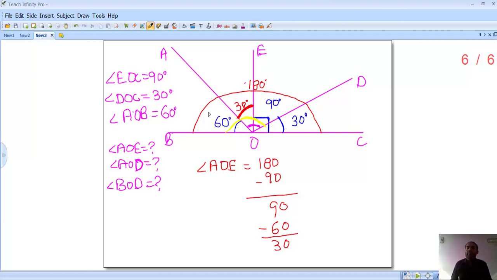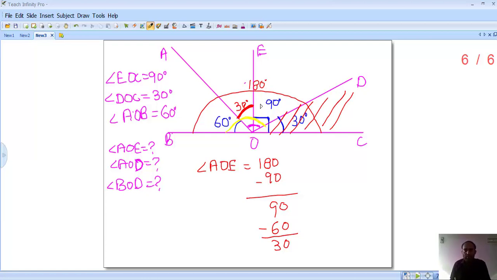Angle AOE is 30 degree. But for finding AOD, we have angle AOE, but we don't have angle EOD. We have this complete angle of 90 degree. If we remove this 30 from this complete angle, we will have this angle EOD.